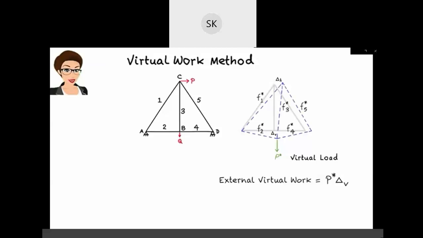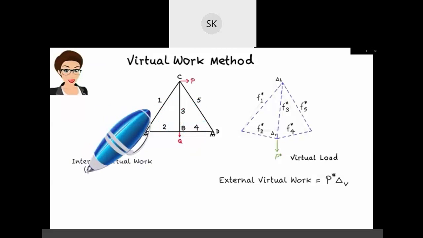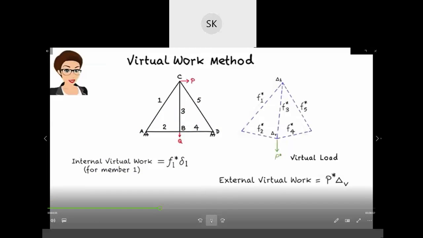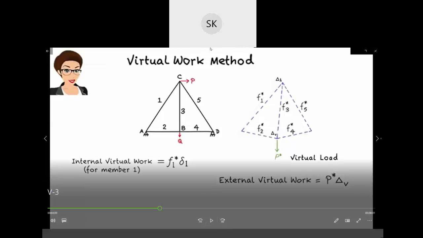Since the real loads, P and Q, cause real member deformations, it is also true that the virtual load causes internal virtual work. For member 1, internal virtual work equals F star 1 times delta 1. So as I'm applying a virtual load externally, it will give external work P star times delta V. Due to this external virtual work, there will be some internal virtual work also.